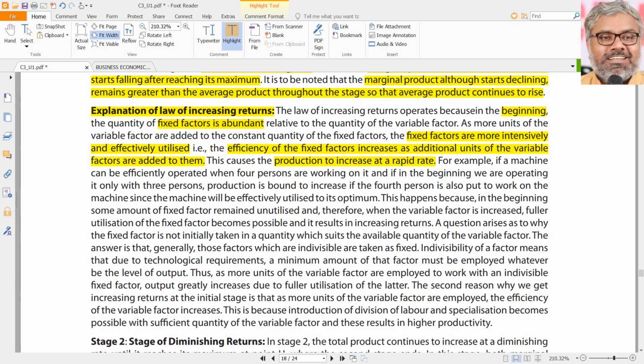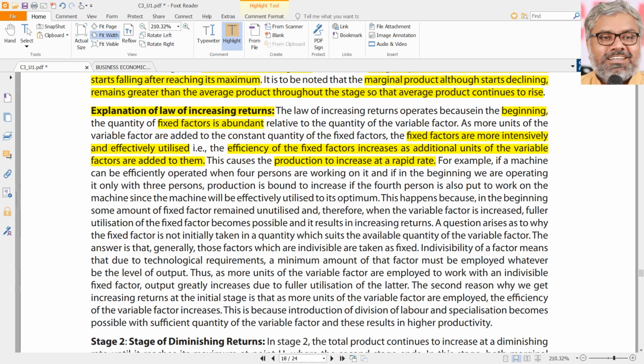So the fixed factor is there, which is unutilized in the beginning days. And as you increase the variable factor, automatically the usefulness of that fixed factor will become more. So just for understanding purposes, rather than taking a completely hypothetical example, let us say a machine has the capacity to be used for 24 hours, but we have only one person operating that machine for 8 hours.